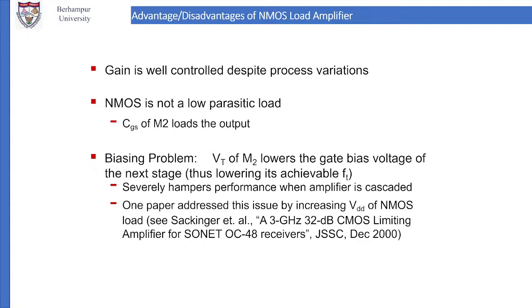So if you have more than one amplifier followed by another, that is what is called a cascaded amplifier. So there it severely hampers the performance. This issue is addressed by some researchers. You don't require to know it. Here is a paper which you can look into to know how they have addressed the issue, but it is not important from your examination point of view.